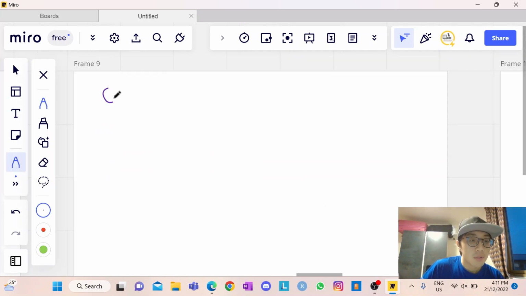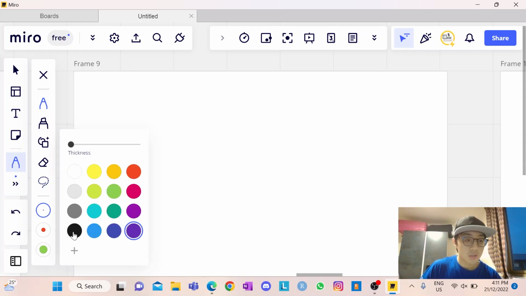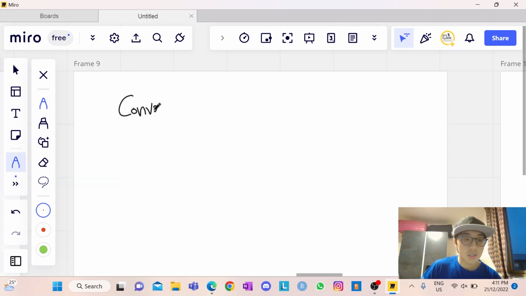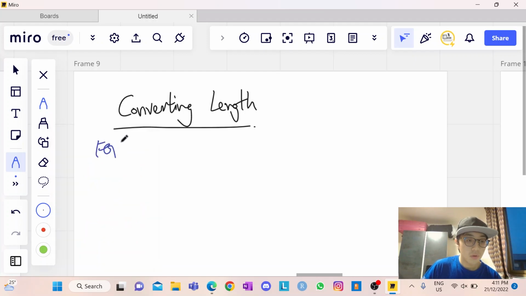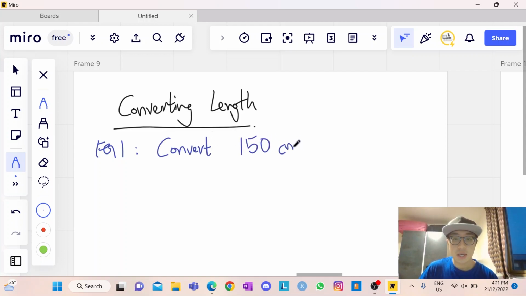Okay, so now we'll be looking at converting length. Okay, and then for the first example right here, we're going to say convert, let's say, 150 cm to m.